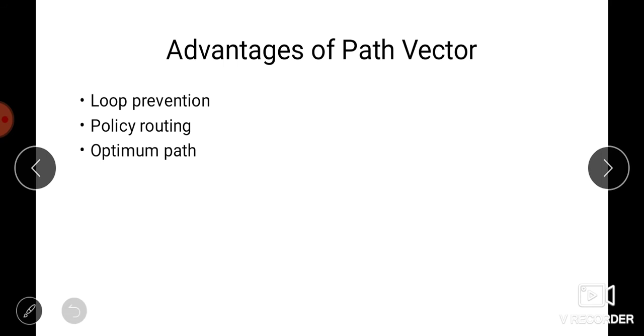Next we have optimal path. What is optimal path in path vector routing? We are basically looking for a path to a destination that is the best for the organization that runs the autonomous system. We definitely cannot include metrics in this route, because each autonomous system included in the path may use a different criterion for the metric.